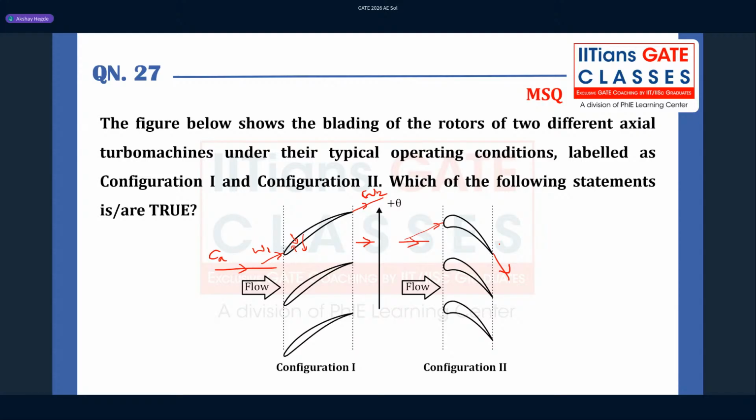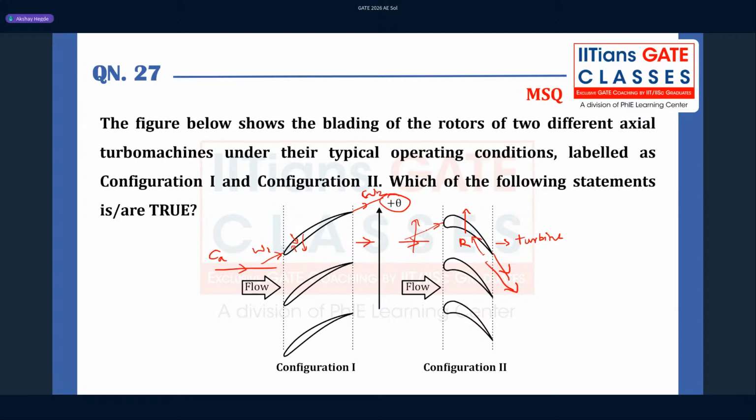That means this must correspond to a turbine. Right? So if this is the configuration for a turbine, in which direction should the turbine blade move? Because if there is a flow going in this direction, there is a reaction force that will apply in the opposite direction. So that makes this blade move in this direction. In the given configuration, plus theta corresponds to this direction, so the blades are rotating in this direction.